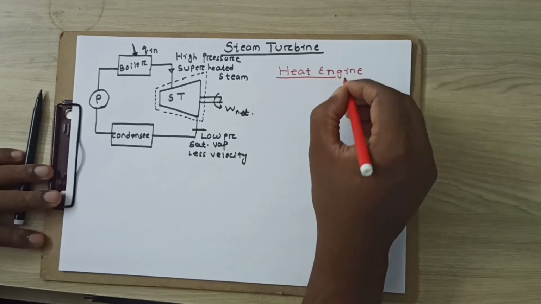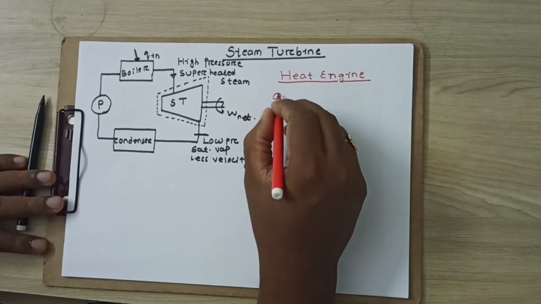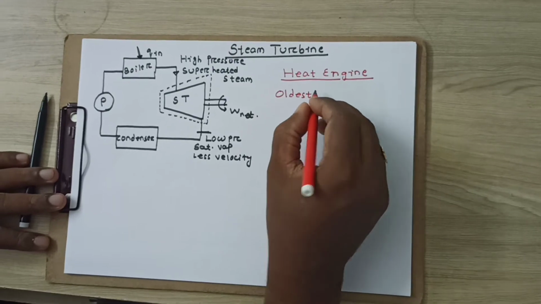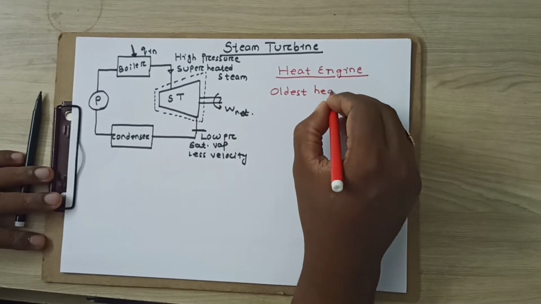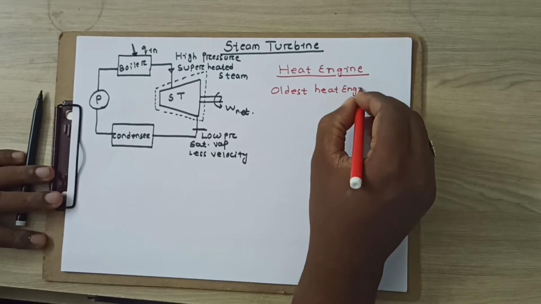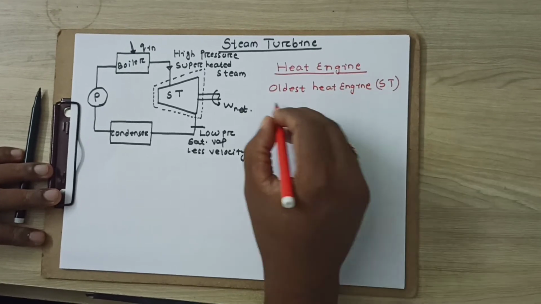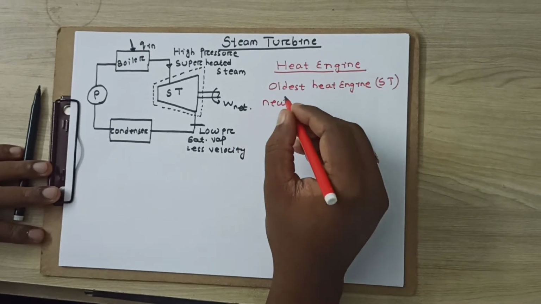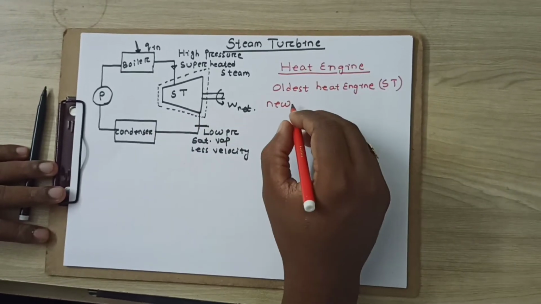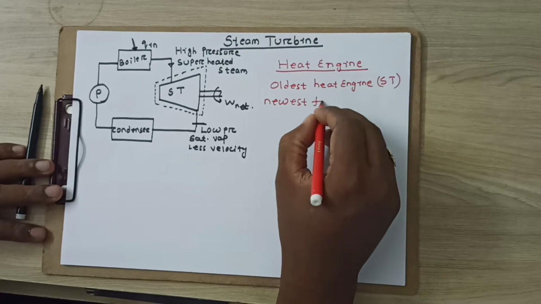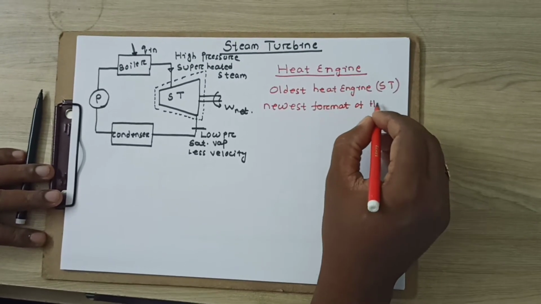And if we go back to the history of heat engines, this is the oldest heat engine. Before the IC engine, the steam turbine came. Oldest heat engine, steam turbine. Along with this, it is also the newest format. Much of the modification, much of the research is till date going on in this steam turbine, the newest format of heat engine.